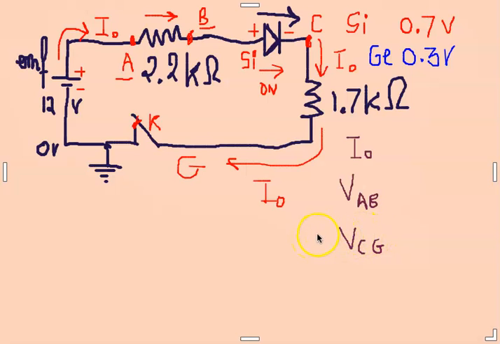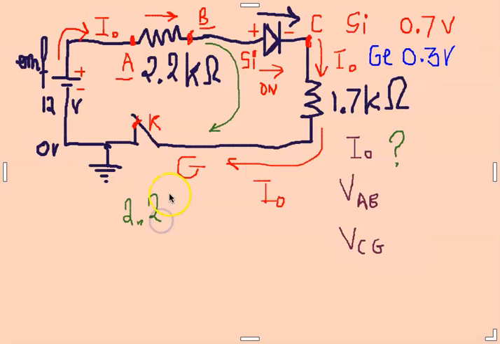Which one can we solve first? We can solve for the electric current. In other words, if we consider the equivalent from point A to point G, we have in series 2.2 kilo ohms.